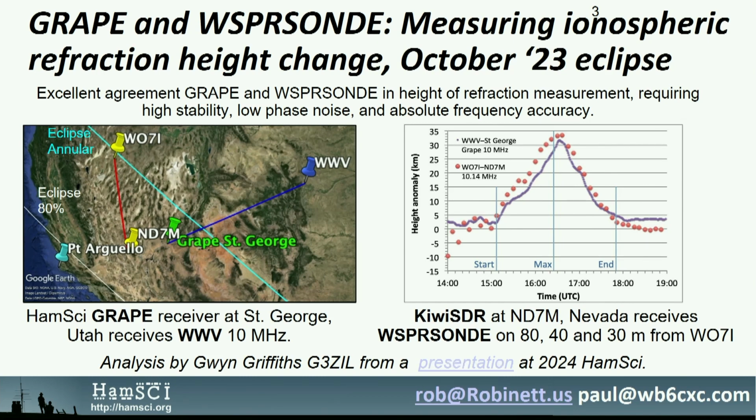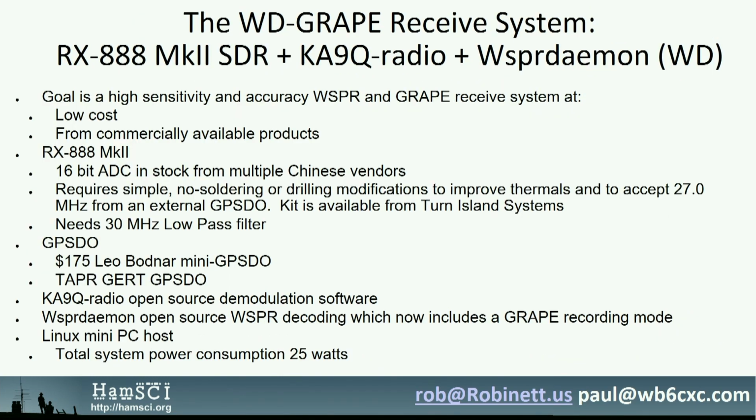So we believe that the measurements made with this device and our software are very compatible with, and in some ways extend the capabilities of, what is being done with the GRAPE receivers. We wanted to achieve this high accuracy and sensitivity at a low cost. As I mentioned, this is a $150 receiver. You do need to attach it to a Linux host computer.